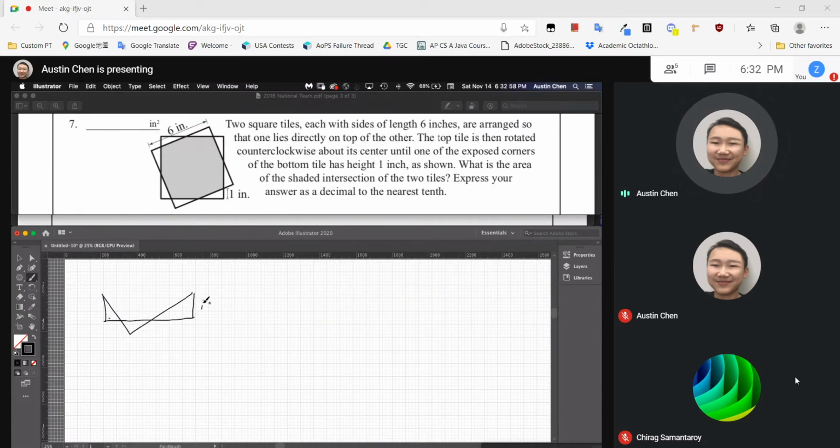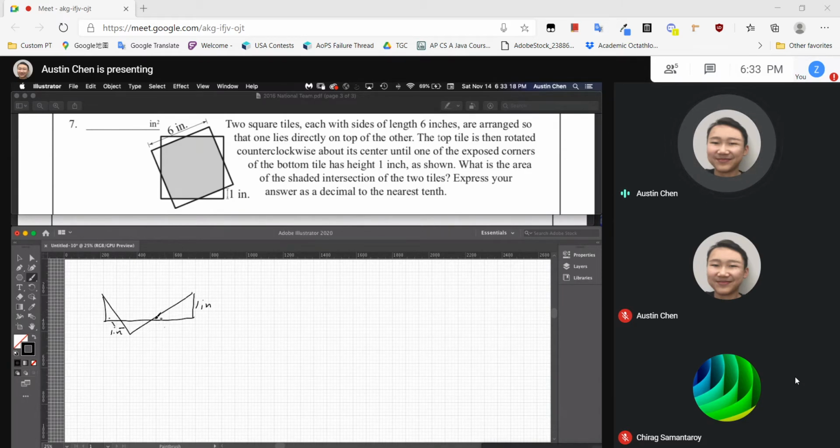So we know this side is 1 inch. And from symmetry, we know that this side is 1 inch. My figure isn't perfect here, but you can just look on here. And then this is also 1 inch. Both these sides are 1 inch.